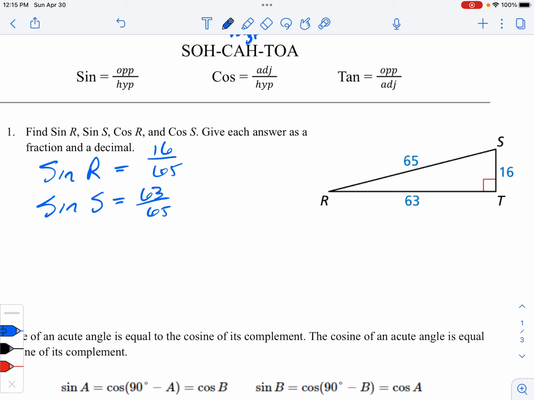So I'm going to look at cosine of R. Cosine is the ratio of adjacent over hypotenuse. For angle R, 63 is adjacent, 65 is hypotenuse, so this would be 63 over 65. And the cosine of angle S would be 16 over 65, using those same methods.